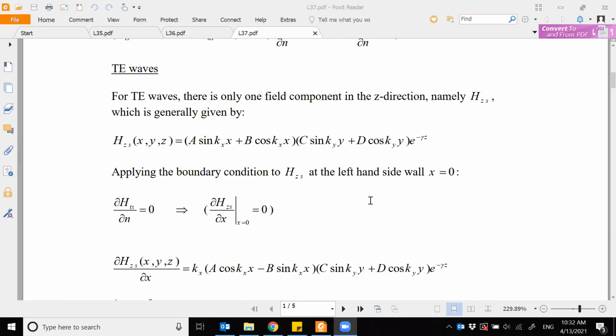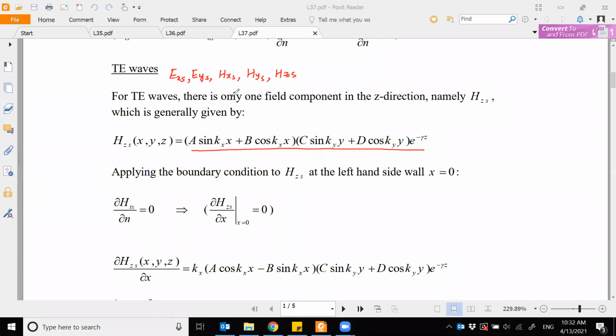We are now starting with TE waves. We need to find EXS, EYS, HXS, HYS, and HZS. We need to find all these components, right? We know this is my solution, and this solution is for all these 5 components.